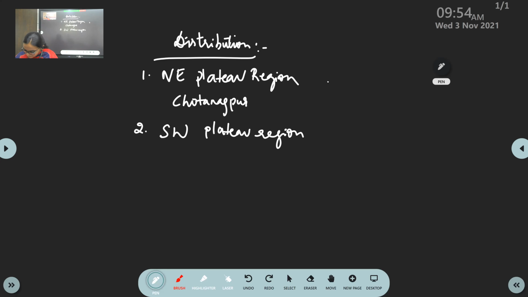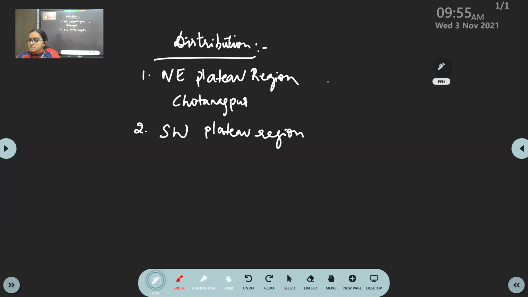It also contains high grade iron ore, manganese, Sudramukha, manganese and limestone. Next point.